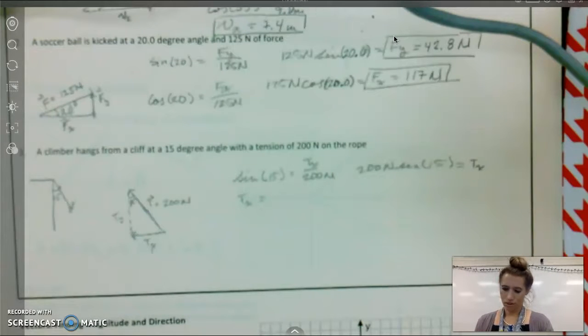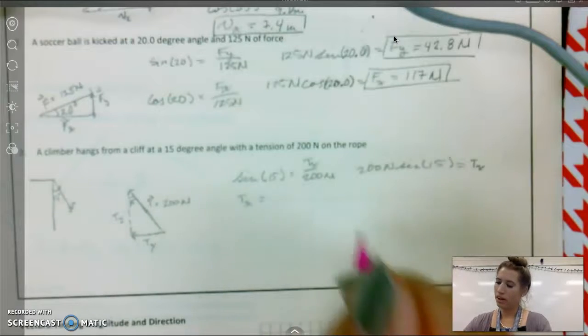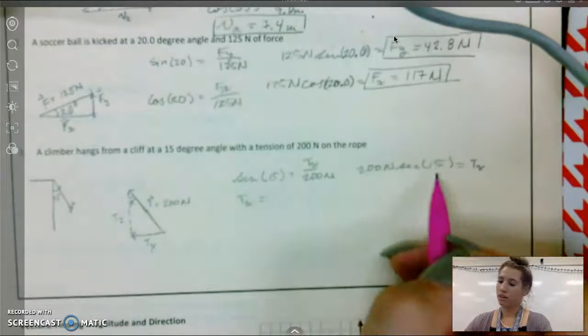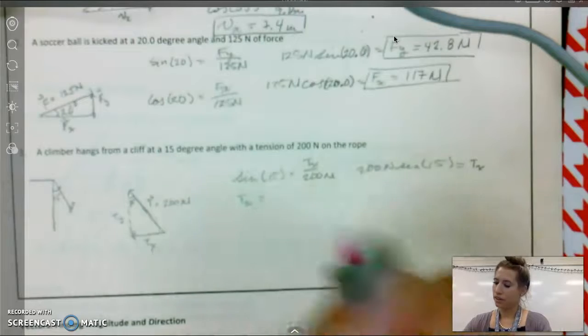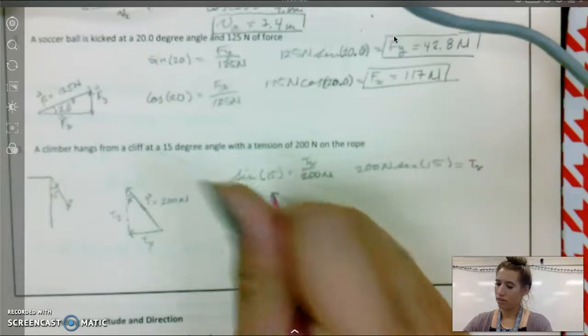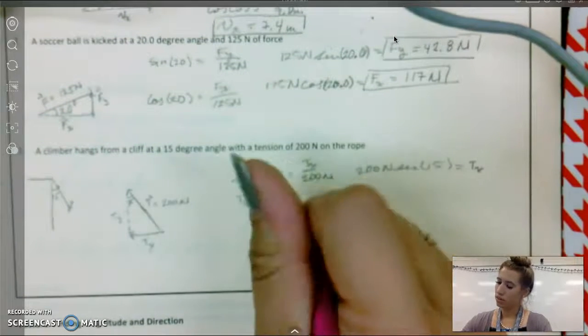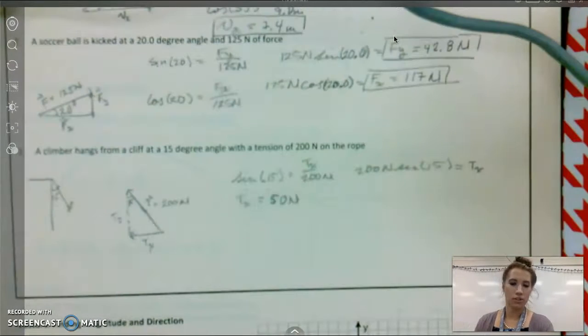So 200 times the sine of 15. And so I get 51.7638, but I'm taking one sig fig. My angle has two sig figs, and so my final answer is only going to have one. So I have 50, and my units are newtons in the x direction.